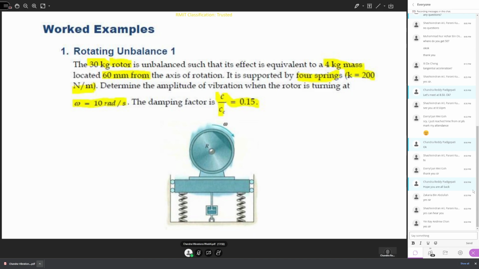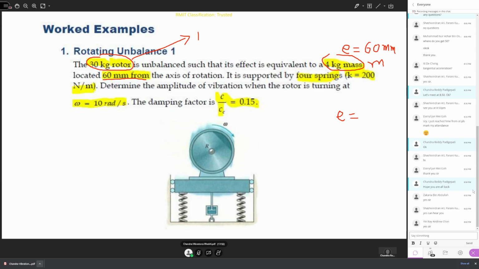Okay. The system is supported by 4 springs with 200 Newton per meter. So you can add up that the total spring stiffness constant will be 800. Now, under these conditions, determine the amplitude of vibration when the rotor is turning at 10 radians per second.